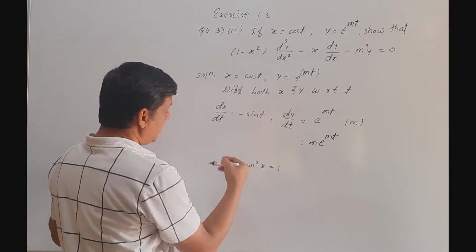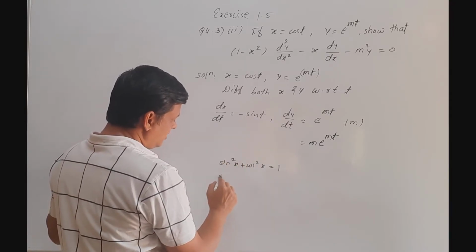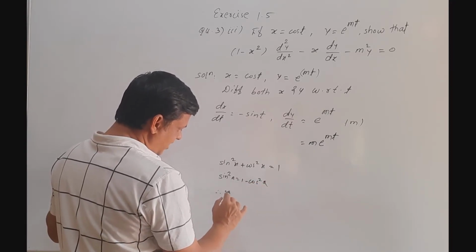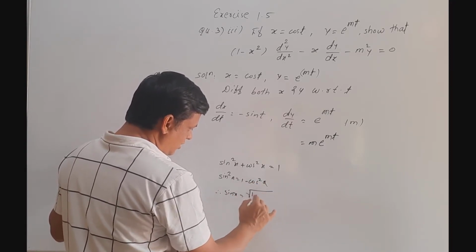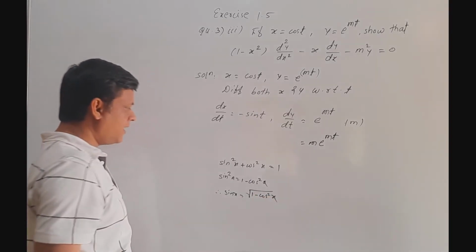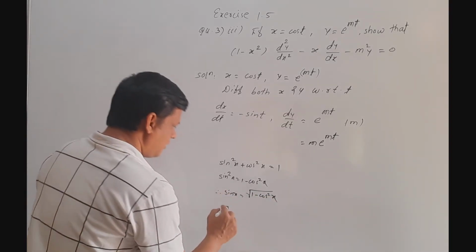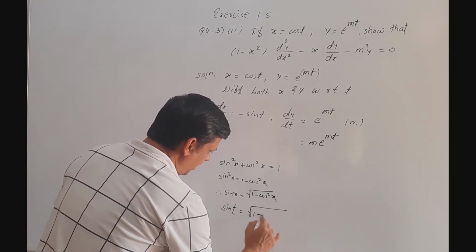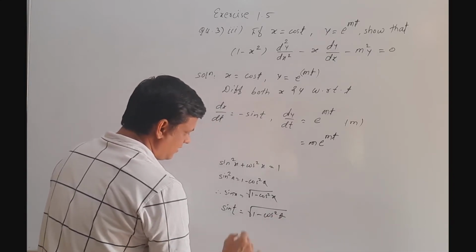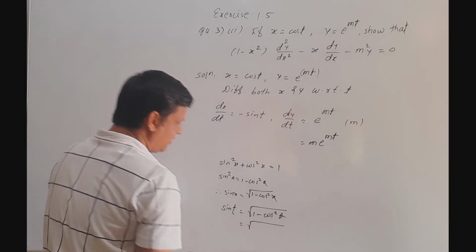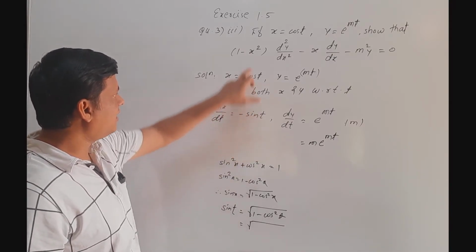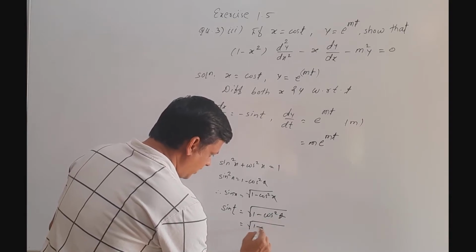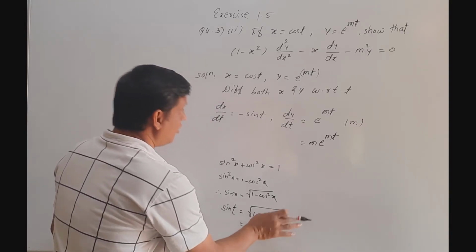So from this we can write sin in terms of cos, that is sin square x is equal to 1 minus cos square x. So sin x is equal to root of 1 minus cos square x. Here in place of x we have variable t, so write sin t is equal to root of 1 minus cos square t. That means we have to write this sin t in terms of x.